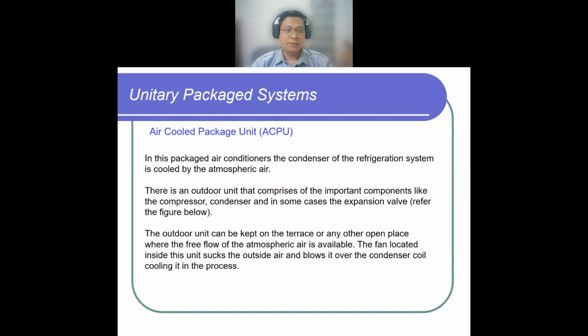In this case, they use air cooling. This is familiar, like the radiator in our vehicle. Motorcycles now also provide a radiator, so you can see they absorb heat in the cooling system by air.